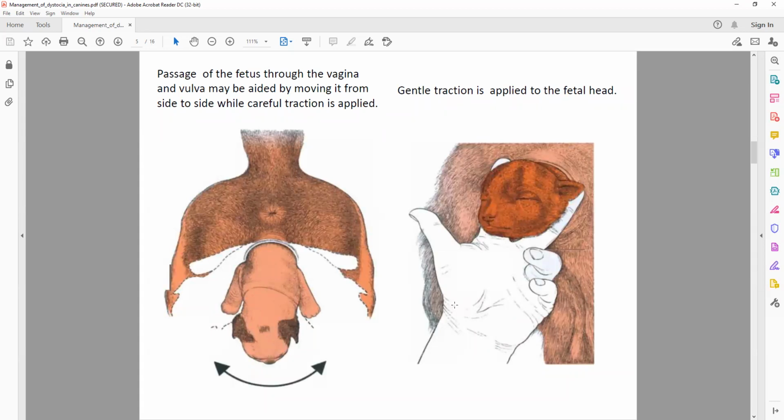Look, this is another method. When the fetus is like this, you can put both your fingers guarding the neck, because the vaginal pressure is so much.